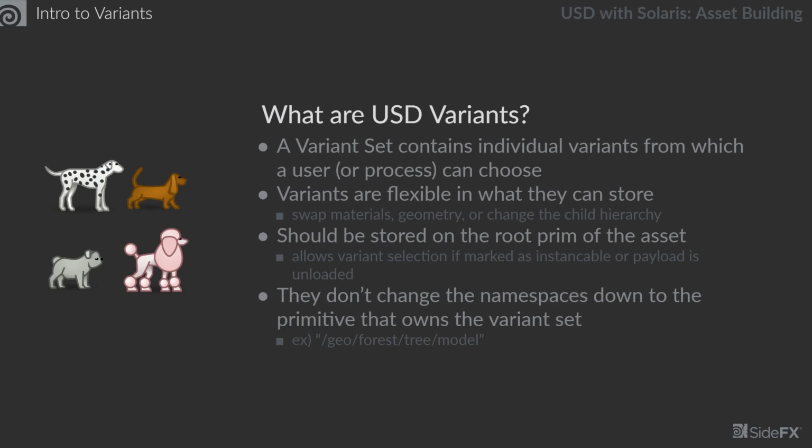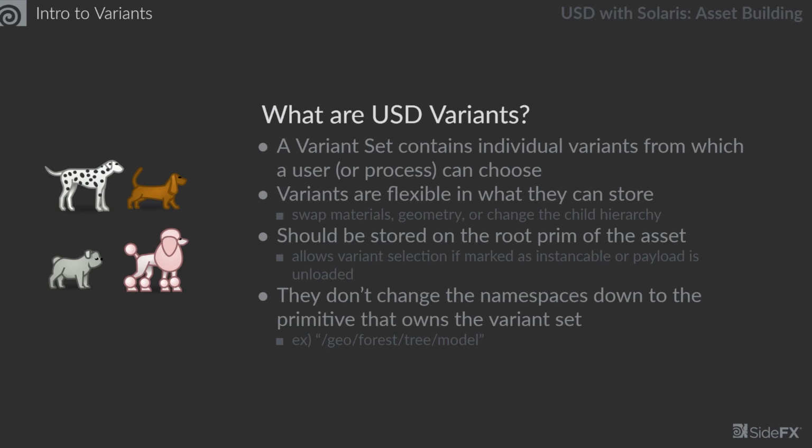So specifically, what are USD variants? Well, a variant set contains individual variants from which a user or process can choose. That basically means that on these parent primitives that we're storing the variants on, we can go in and choose which one of those is being displayed and composed in our scene. Variants are also really flexible with the things that they can store.